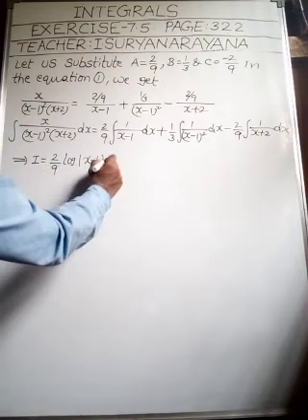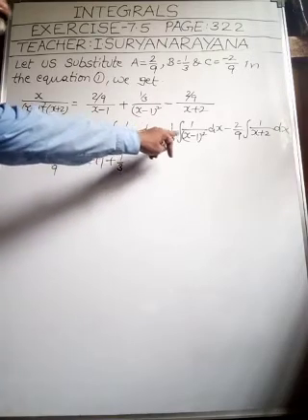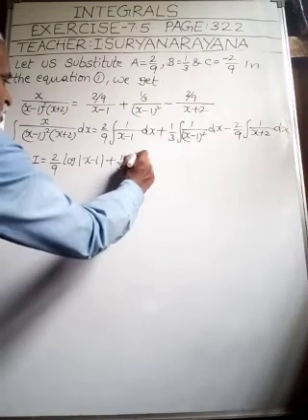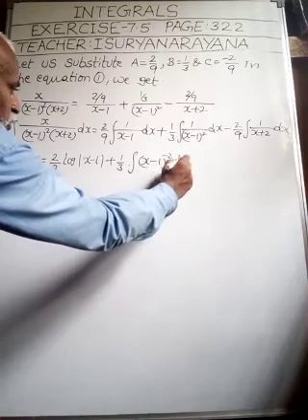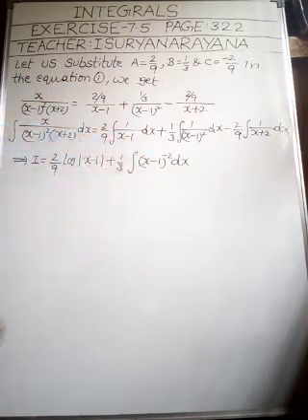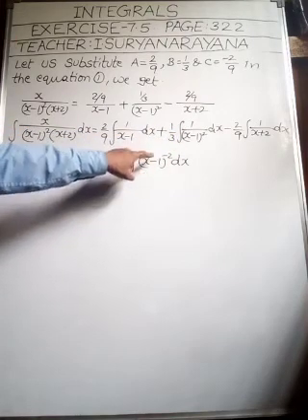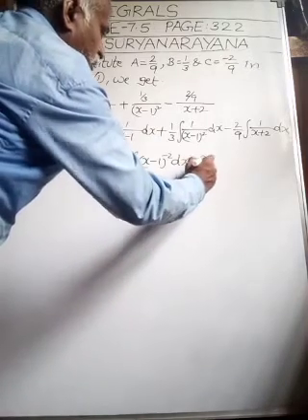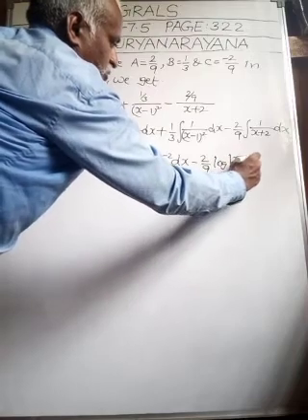Right. Plus 1 by 3 into, now it is in the form of integral 1 by x minus 1 whole square. This can be written as integral x minus 1 whole to the power of minus 2. We wrote that second term as x minus 1 whole to the power of minus 2. Can we write this term as x minus 1 whole to the power of minus 2 or not, my children? Right. Minus 2 by 9. This also can be written as log mod x plus 2.